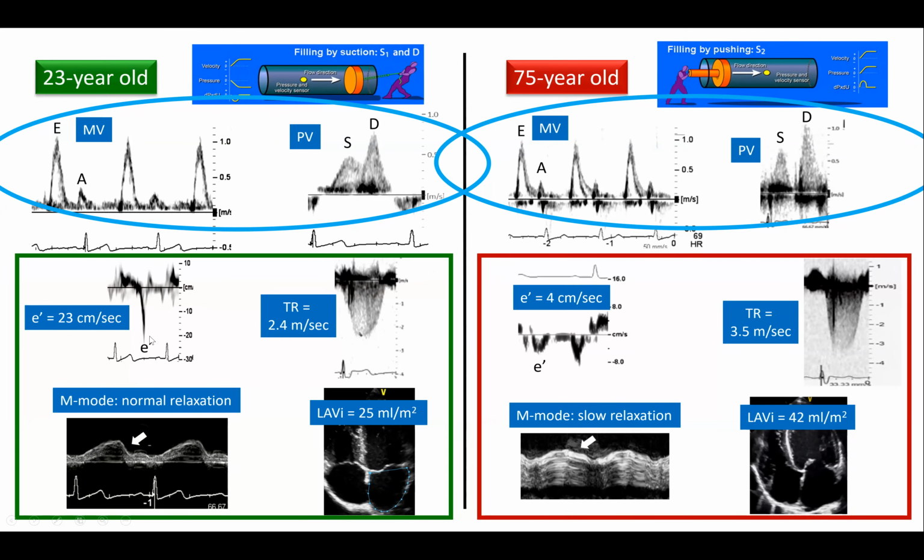So you have a large E prime, normal tricuspid regurgitation velocity, superb relaxation by M mode, and normal left atrial volume. Here, on the right-hand side, in this 75-year-old with high LA pressure, you have abnormal relaxation. The E prime is low, the tricuspid regurgitation velocity is high, the left atrial volume is large, and you can see how poor the relaxation is on M mode.